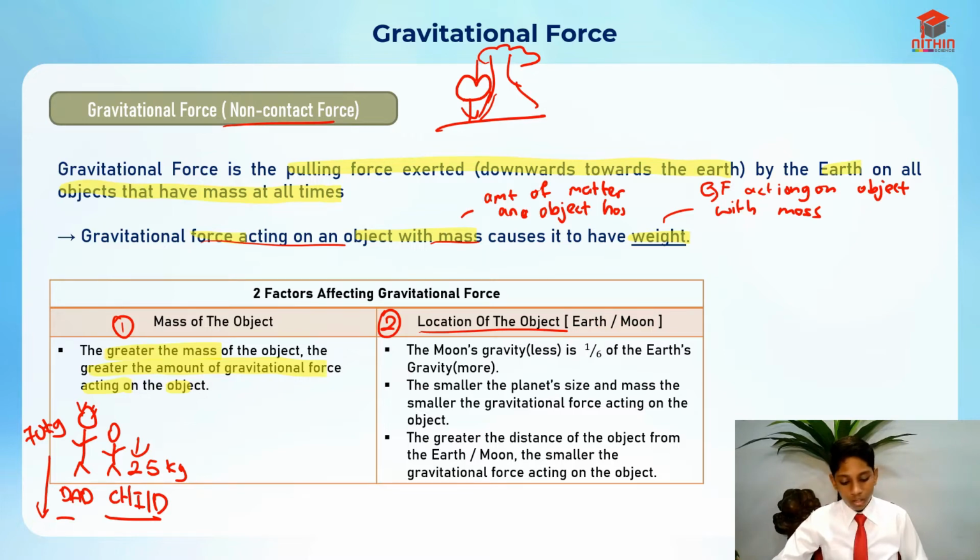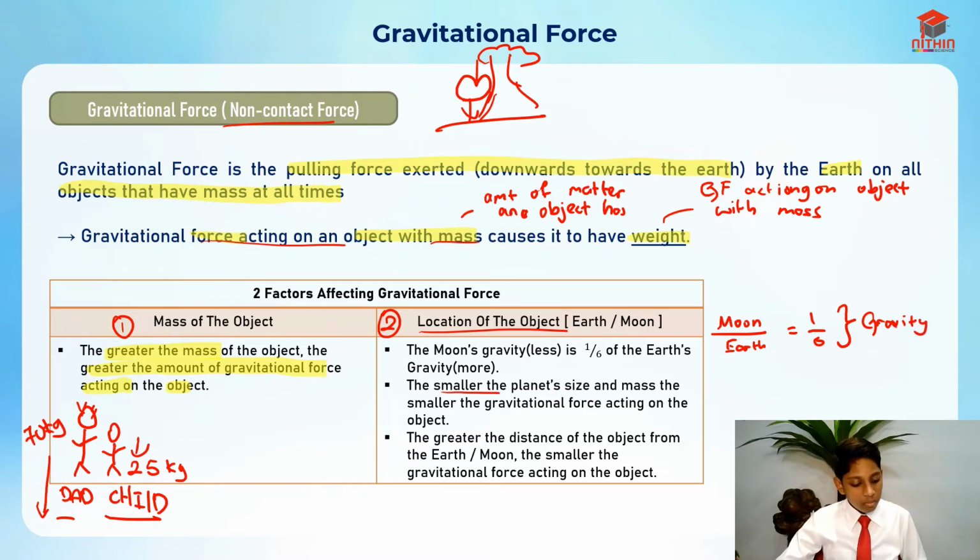So the moon's gravity is actually less than the earth's gravity. The moon's gravity is 1/6 of the earth's gravity. So basically, moon over earth is equal to 1/6. Okay, so this is for gravity.